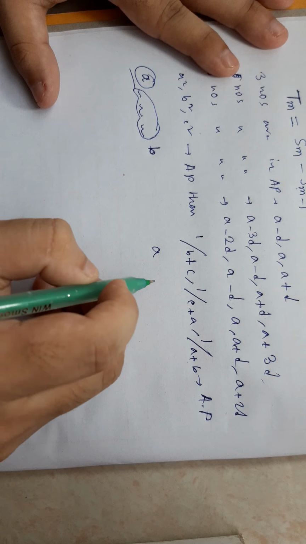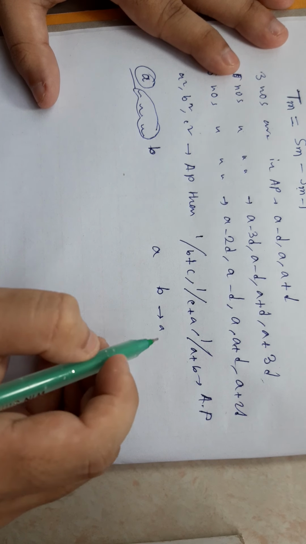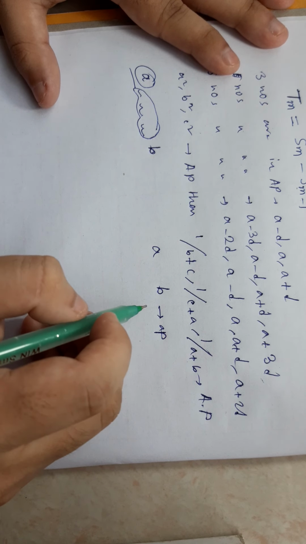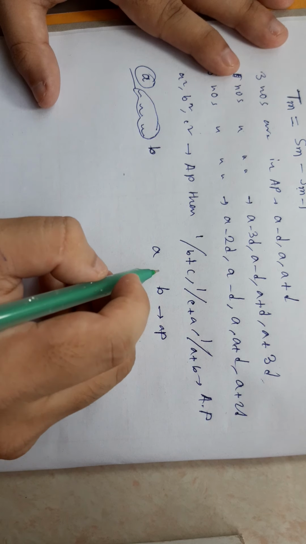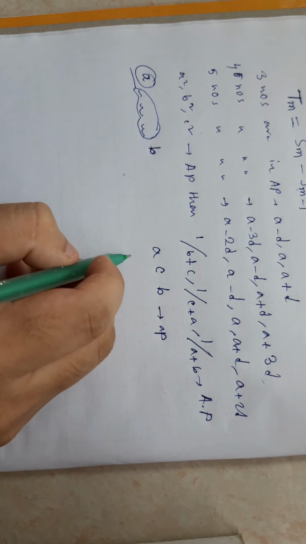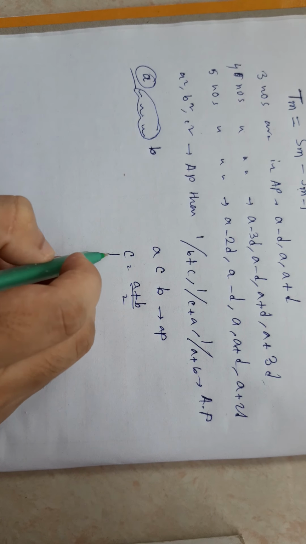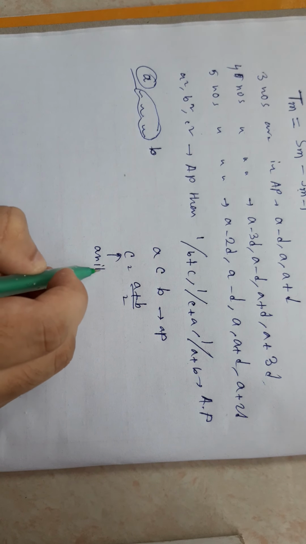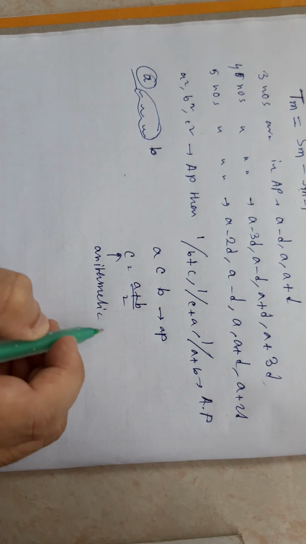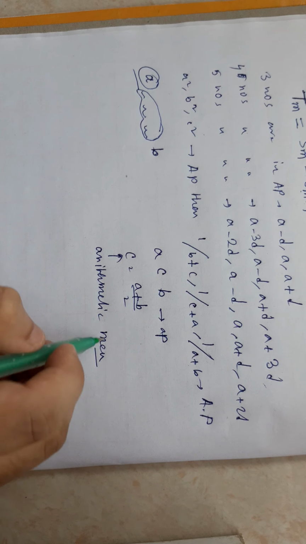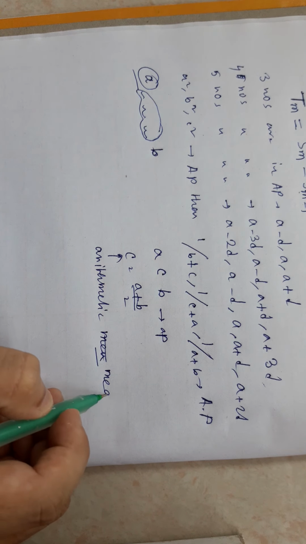If a, c and b are in AP, then c is equal to (a plus b) by 2, and c is called the arithmetic mean.